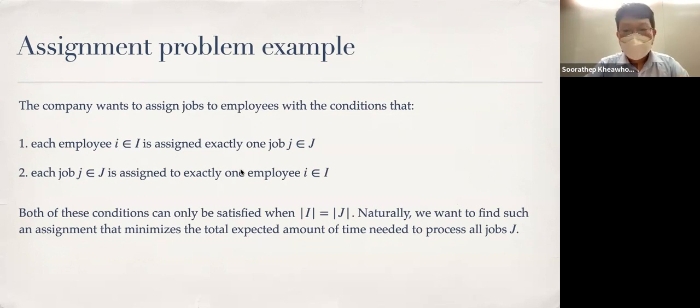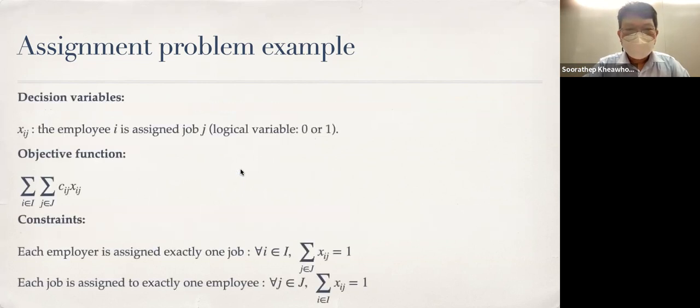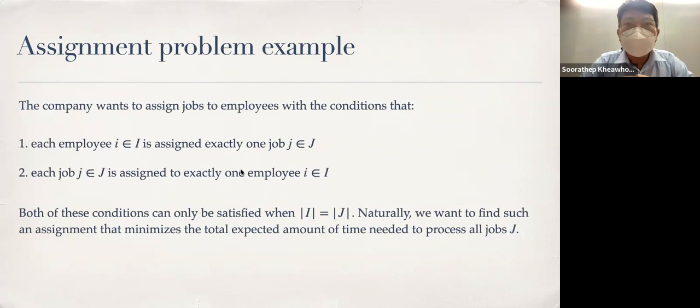And we want to find an assignment that minimizes the total expected amount of time needed to process all jobs J. Now you know the objective of the company.